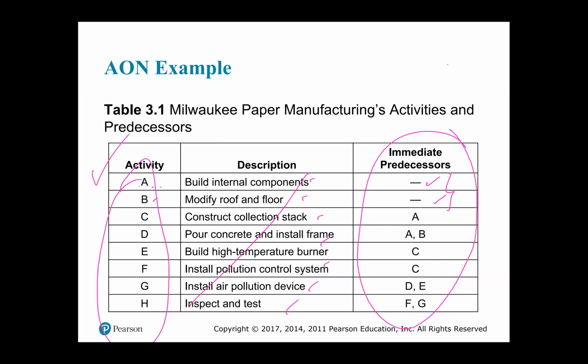So you have here A under the immediate predecessor. I just circled it in green across from activity C. Well, it simply means that you cannot do activity C until you have accomplished activity A, or in other words, A is the immediate predecessor of C.